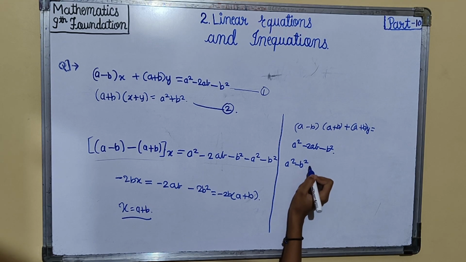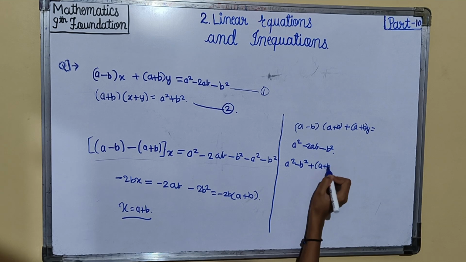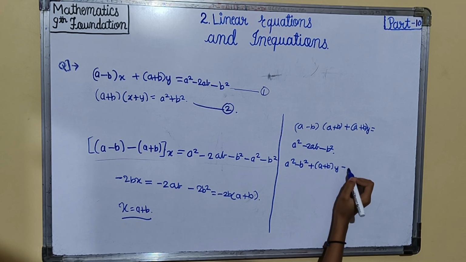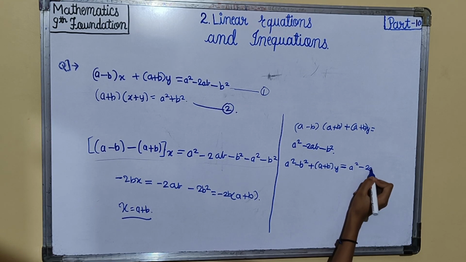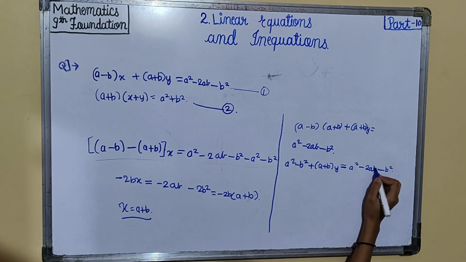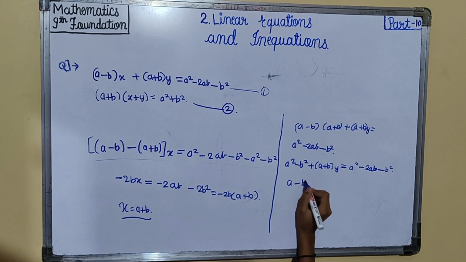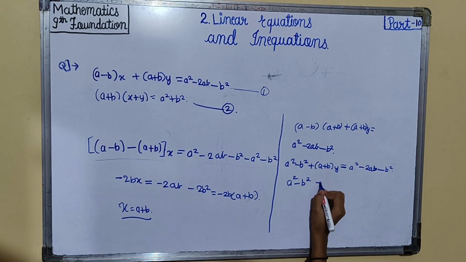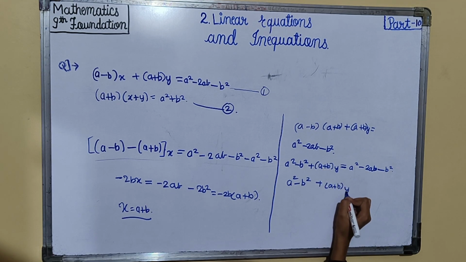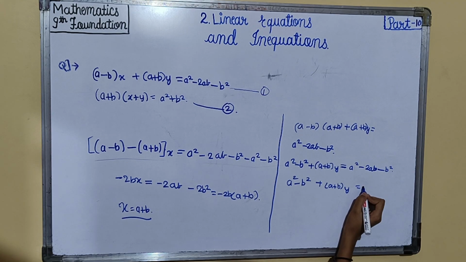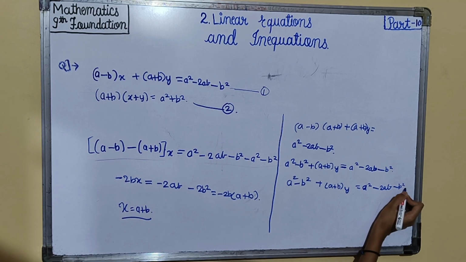So this would be a square minus b square plus (a plus b) multiplied by y equal to a square minus 2ab minus b square.